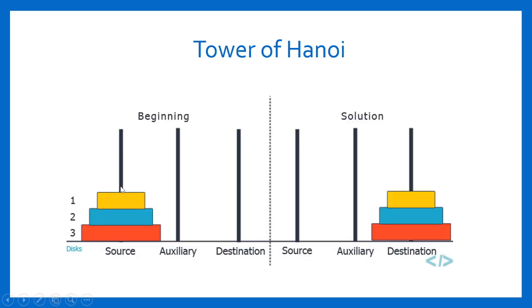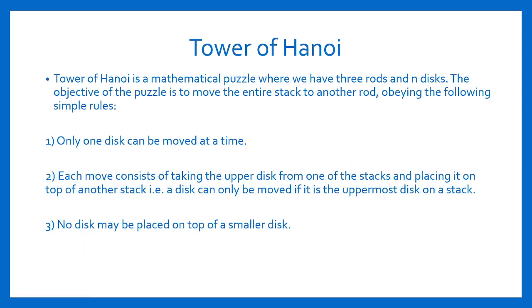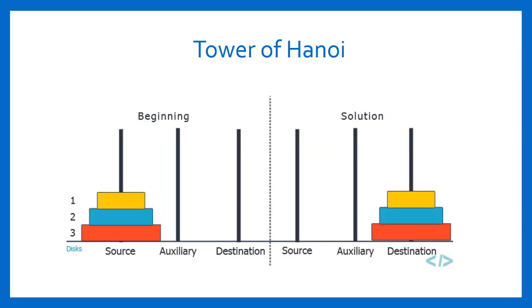Second, a disk can only be moved if it's at the uppermost. Obviously it is an application of stack, so we can only pop the topmost element. And the third point is no disk may be placed on top of a smaller disk. So this means that 2 can be placed over 3, but 3 cannot be placed over 2 because 3 is bigger in size.